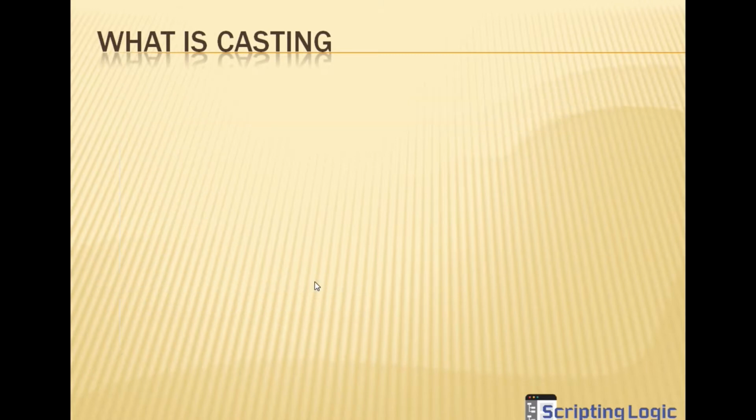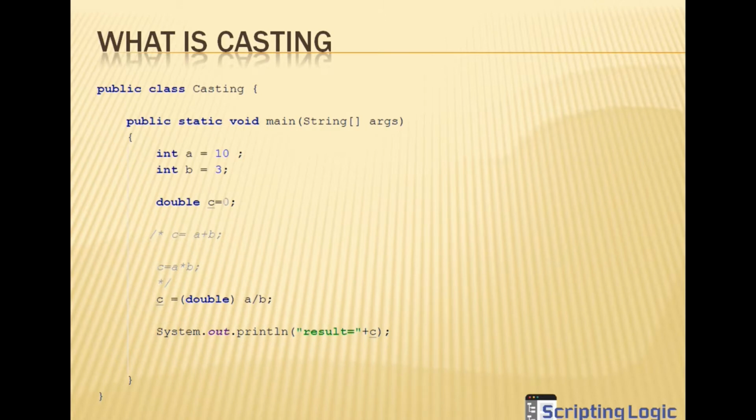And how do I do that? Like this. If you write double into the brackets, then you can typecast it. We call it typecasting. So the result will come in the form of double. Like this, you can get the output of c. If you try to print c, the output will be like this. So this is what we call casting, right?